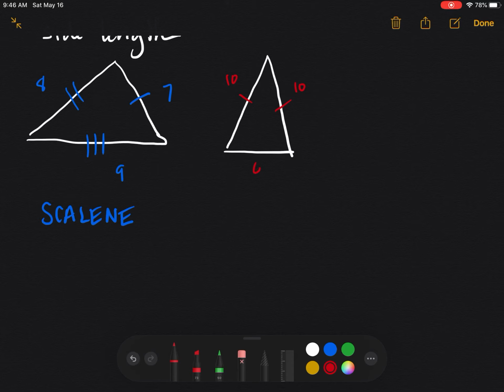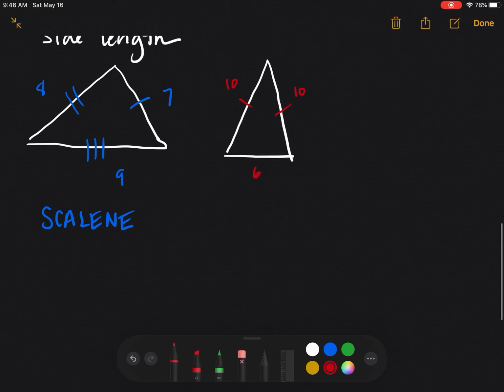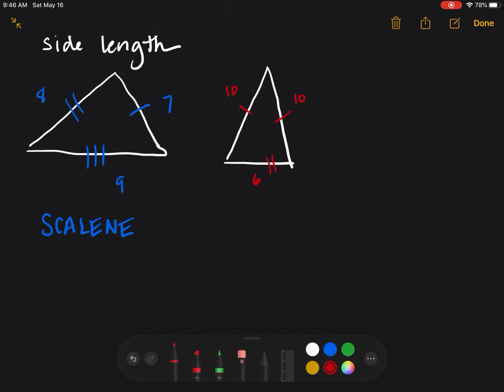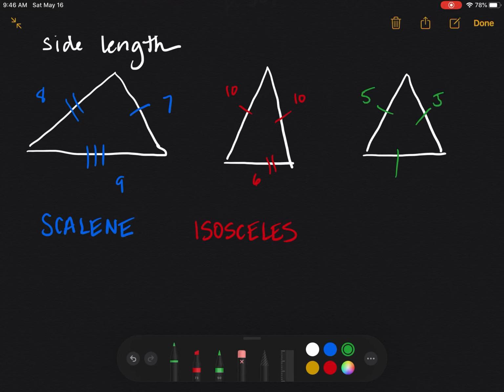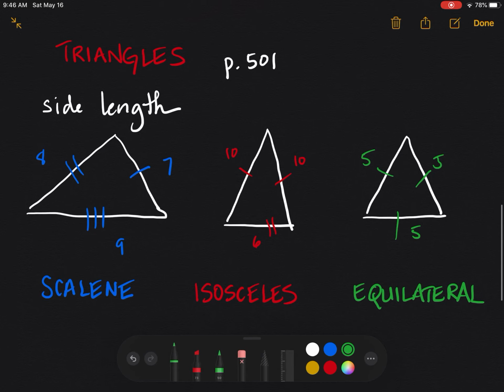Okay, and this one down here is 6. All right, we'll put a 2 slash there to show that that's different. This is called an isosceles triangle. Okay, or they could all be exactly the same. I don't know, whatever they are, 5, 5, and 5 could be anything. Okay, that's not a 6, that's a 5. And this is called an equilateral triangle. So those are how we classify triangles by side length.